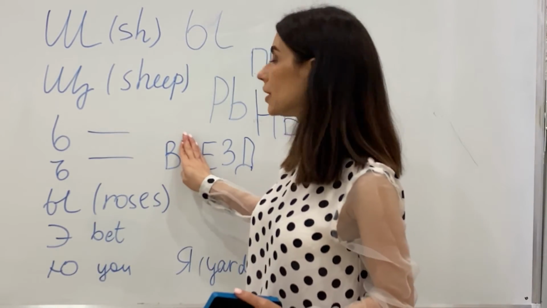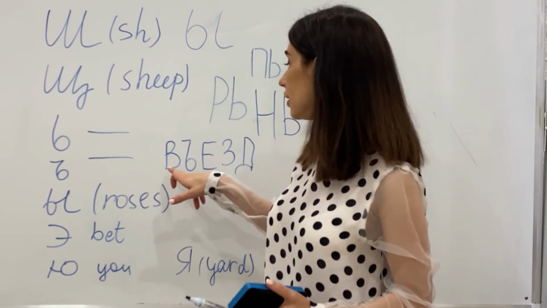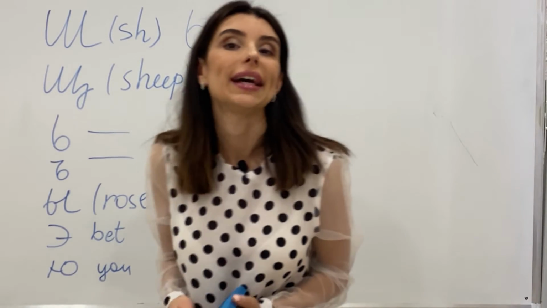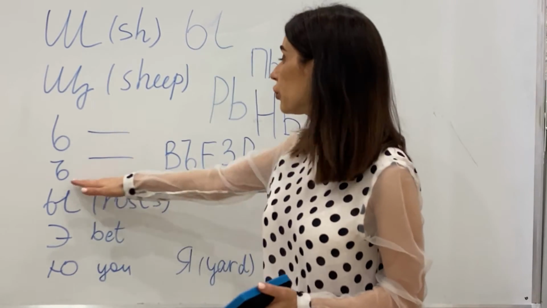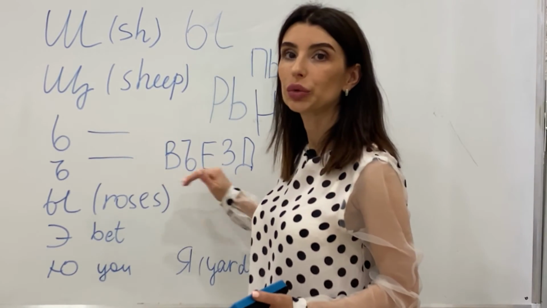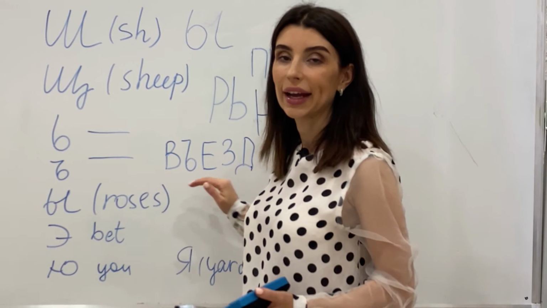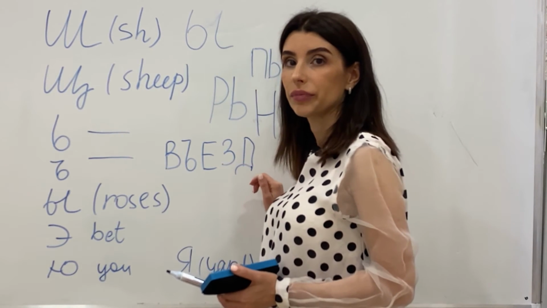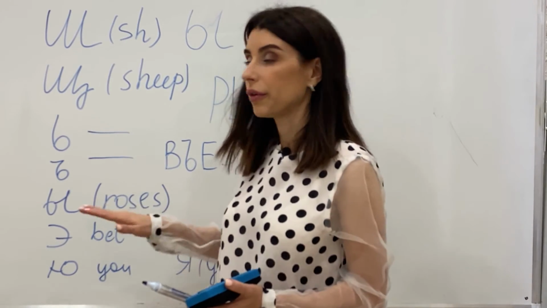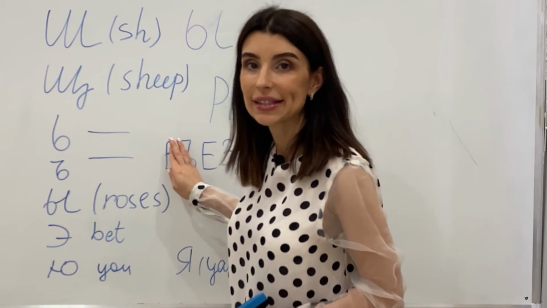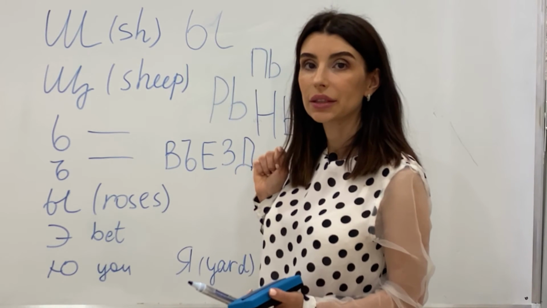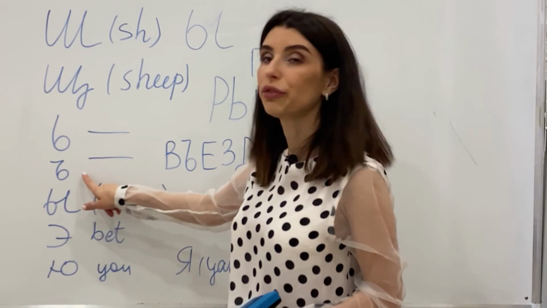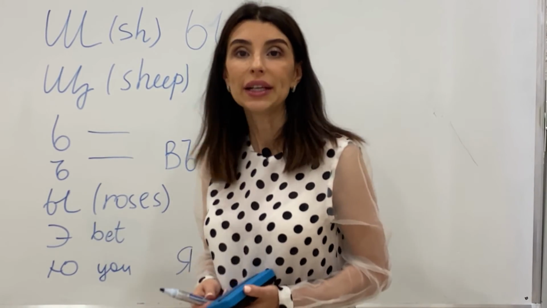Without this letter, you can read V, E, vest. But if you put this letter between V and E, it can be V, jest. Do you see the difference? Without it will be vest, but with this твердый знак it will be v, jest.